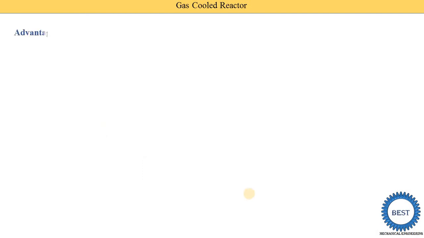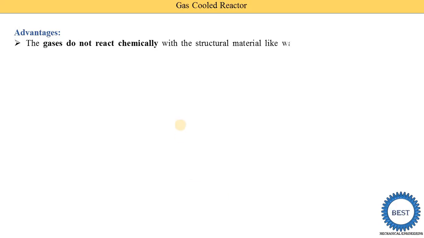Now we understand the advantages of gas cooled reactors. First advantage, the gas does not react chemically with the structural materials like water does. Structural materials means the reactors or the other materials we use for the construction of nuclear power plants. So gas does not react with these structures, whereas water reacts with the structures.